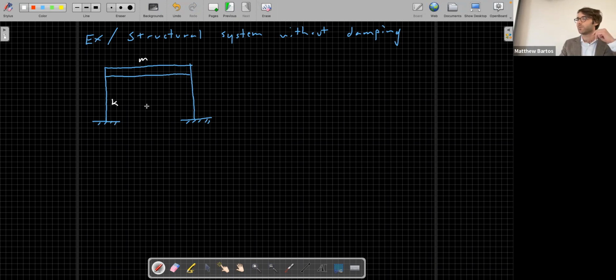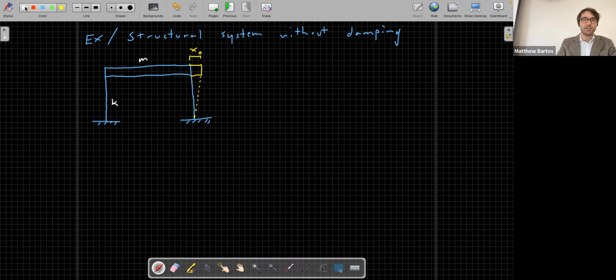So there's not going to be any force input. Instead, we're going to assume that the structure has some initial deflection x naught. So let's say the structure was displaced and we're just letting it go. Okay. That's the response that we're going to simulate here.